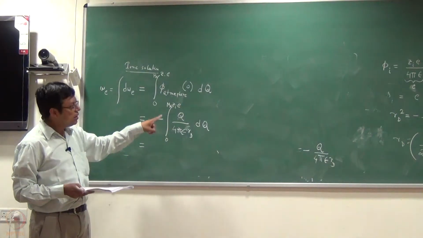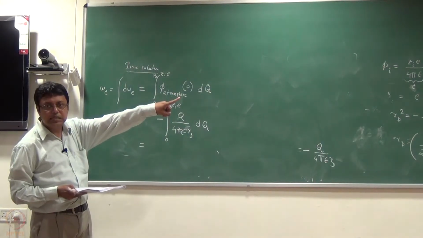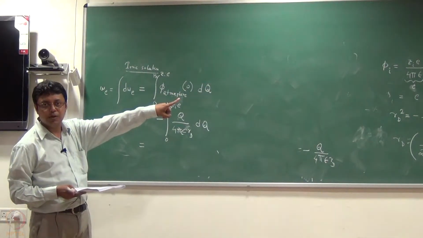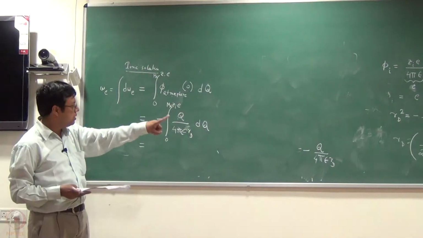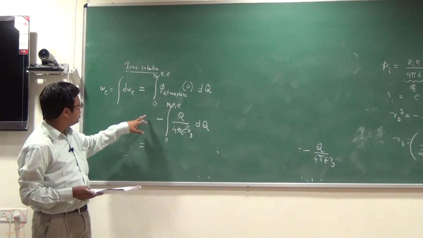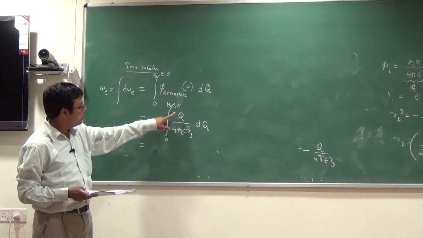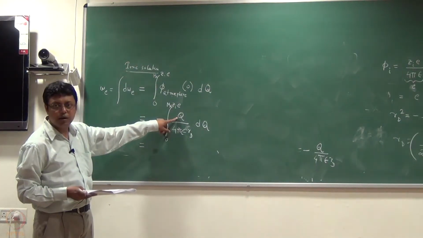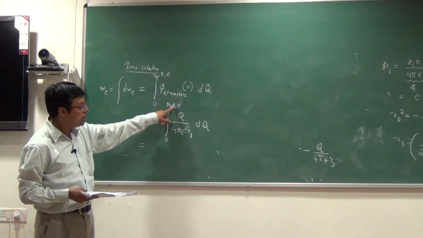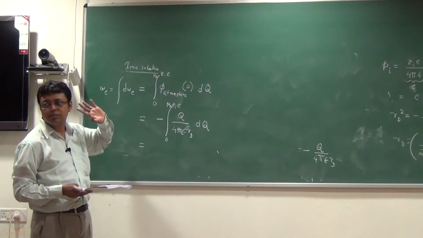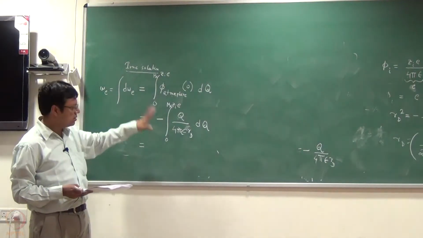Now that q square I will write back as Z into E, which means the q square will have a Zi square E square kind of term. Clear? I'm just skipping the step.